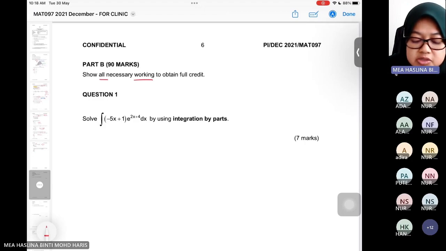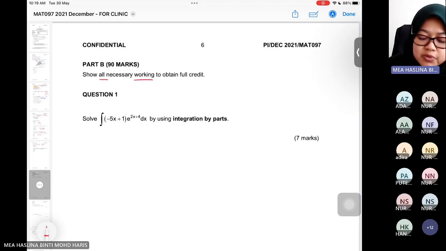The arrangement of the topics for the subjective part is not fixed, meaning you might see a topic from chapter 5 coming first, or maybe a topic from chapter 8, chapter 7, or chapter 4. So you don't have to panic in case the first question doesn't belong to chapter 3.